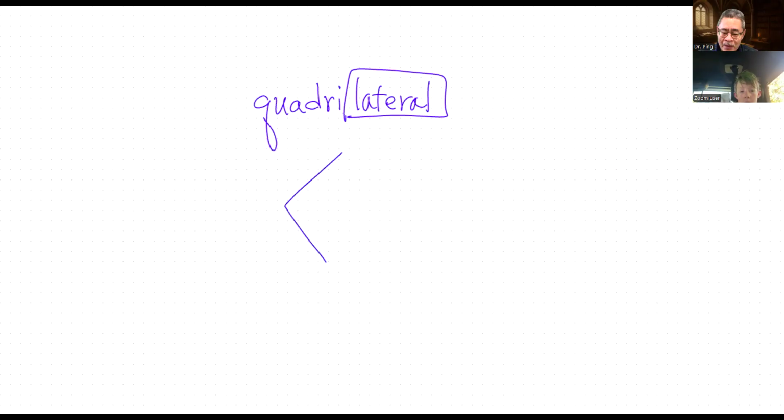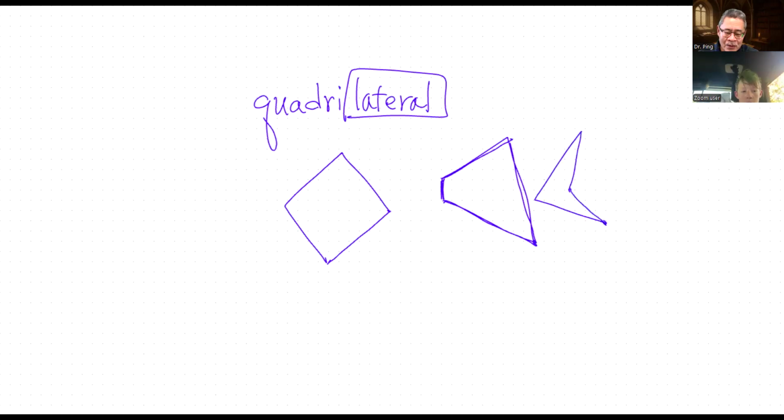So this is a quadrilateral, or we could have something strange like that. That's also a quadrilateral because we got four sides, four straight lines. You could also have something like this. That is also a quadrilateral because we got four sides. Good.